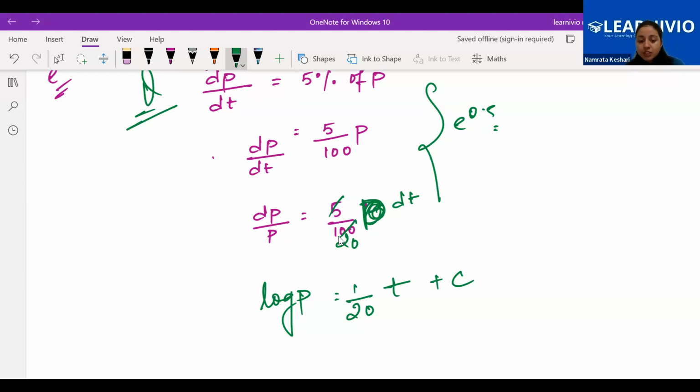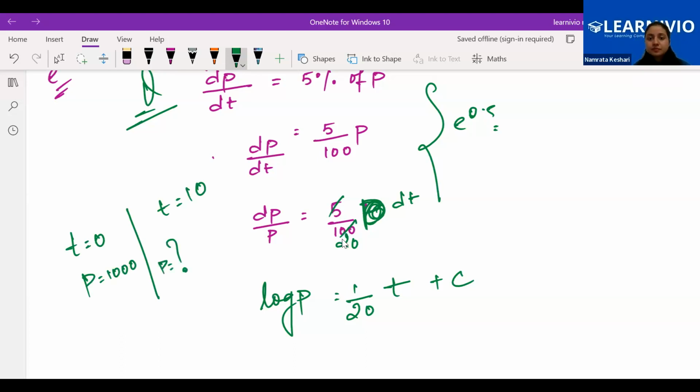If you solve this one, it is clearly written that an amount of 1000 is deposited with the bank. How much will it be worth? Initially 1000 is deposited, and after 10 years, how much P we have to find.